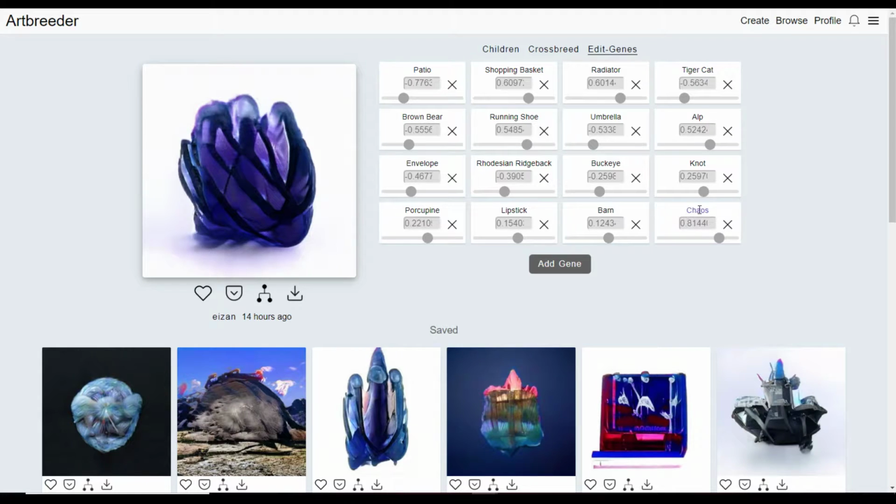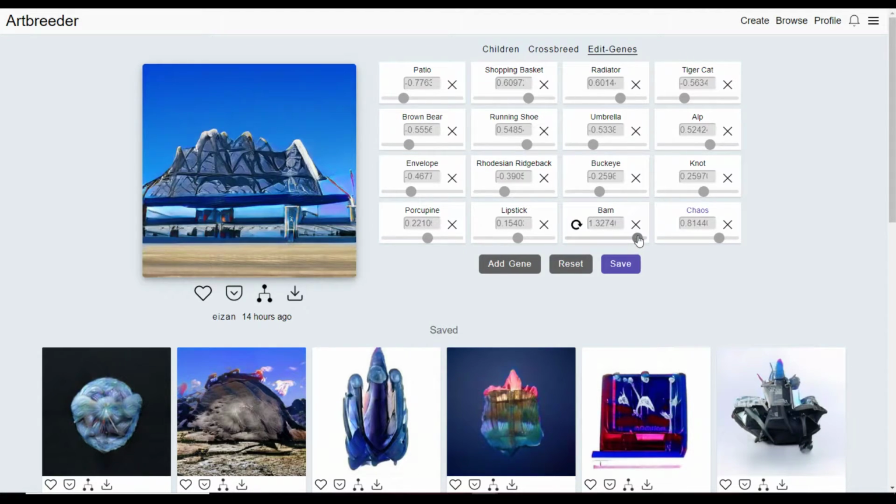And then there's chaos, which is not a tag. This is a measure of entropy, I'm pretty sure, used in generating the image. If we take barn all the way up here, it's arguable, but you could say that the image has become more barn-like because we've taken that value up.